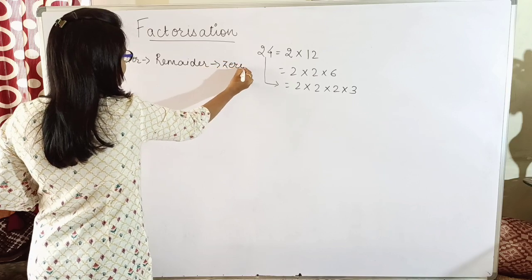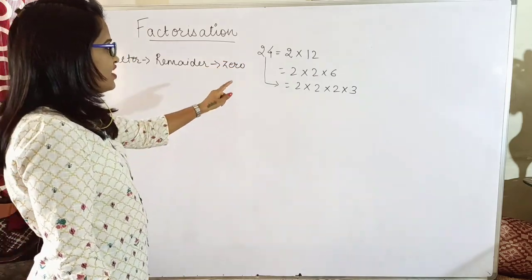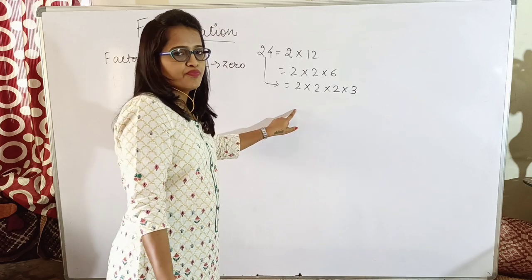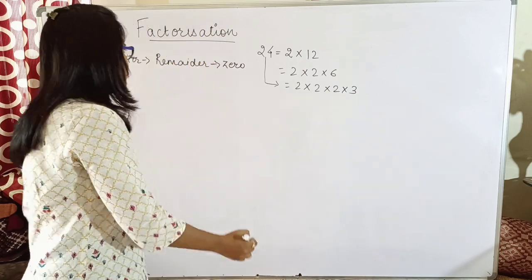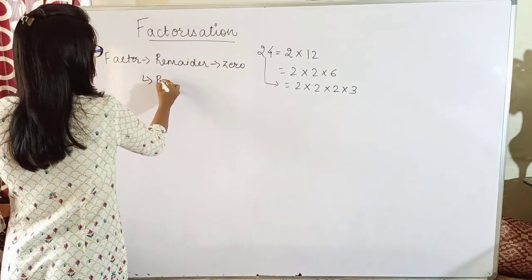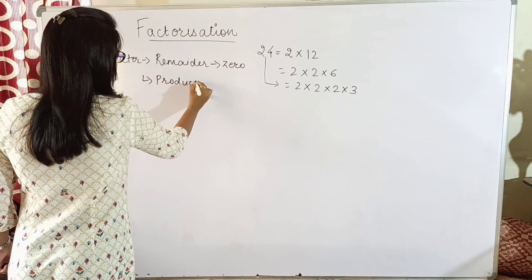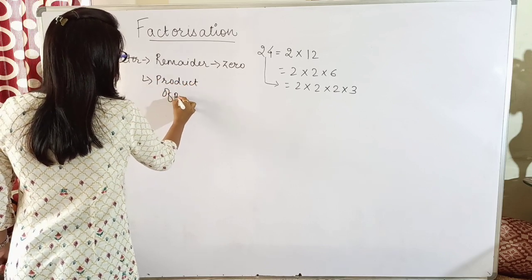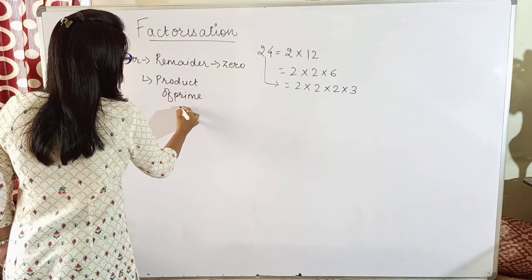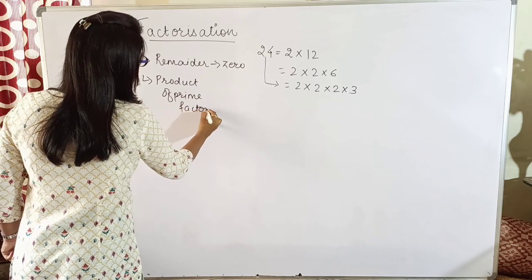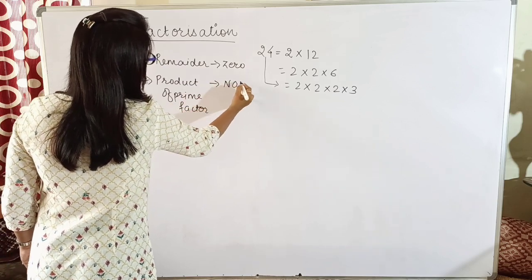The next concept is that whenever you find the prime factors, their product will give me the number itself.